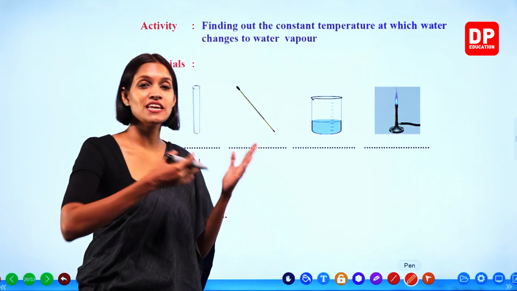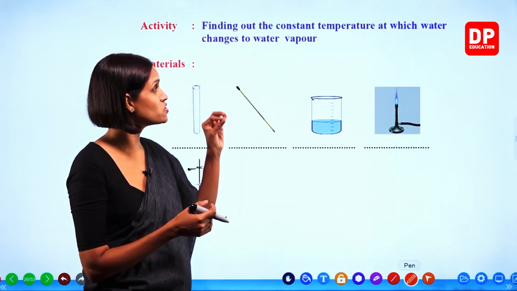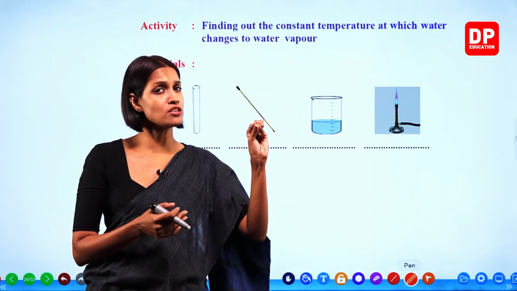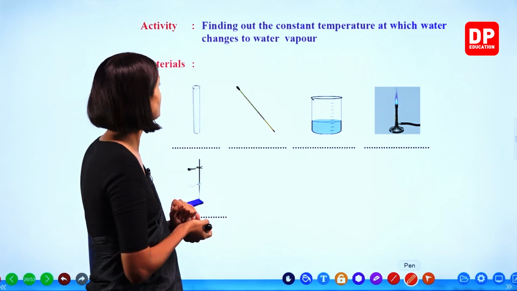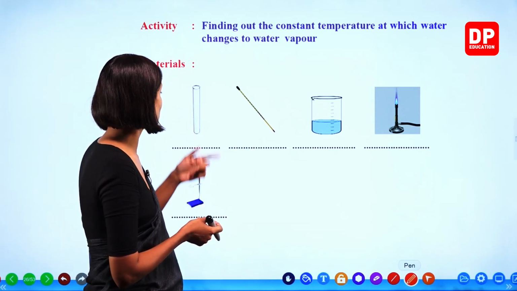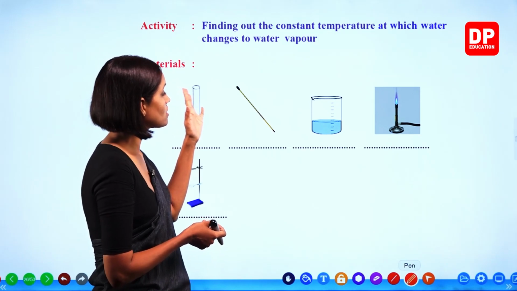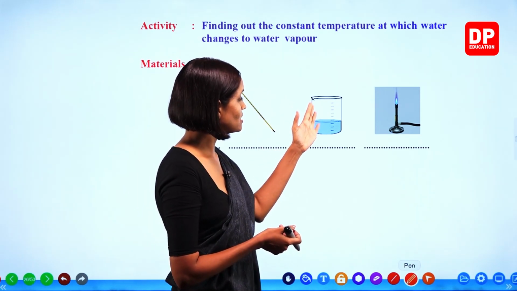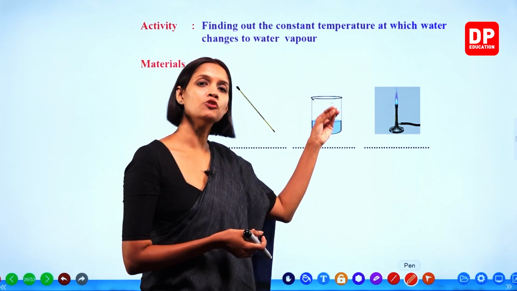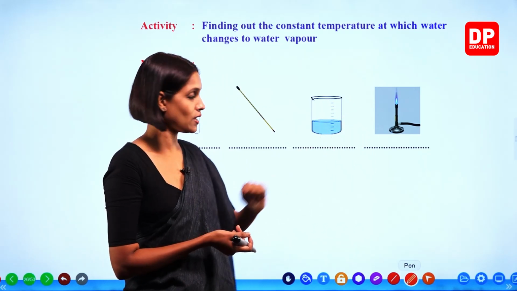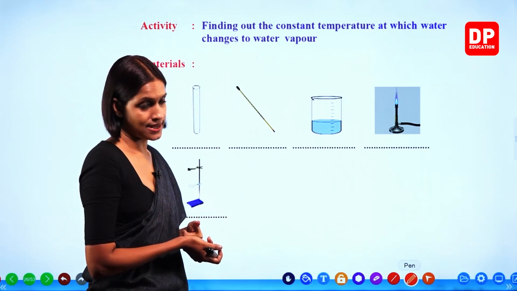When water changes into its gas, we are going to check whether the temperature is going to change or remain constant. So what are the materials we need? We need a boiling tube, a thermometer, water. We need a burner, Bunsen burner, or even a spirit lamp can be used. And a laboratory stand.